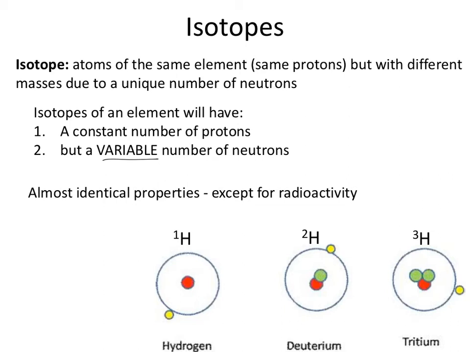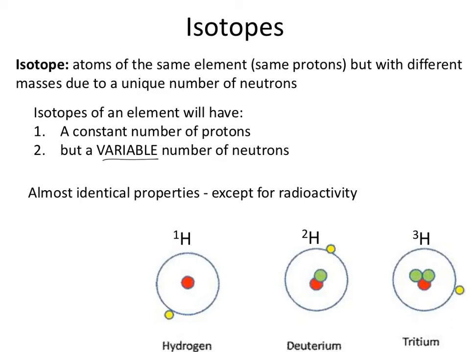Okay, and isotopes are going to be identical in most of their properties. They will have slightly different masses, but their behaviors with respect to reactivity will be very similar. The only difference usually is with respect to radioactivity. So if you look at the example that we have here, I want you guys to look at the center of the atoms here. Okay, notice we have different superscripts here. Remember, this superscript represents the mass number.